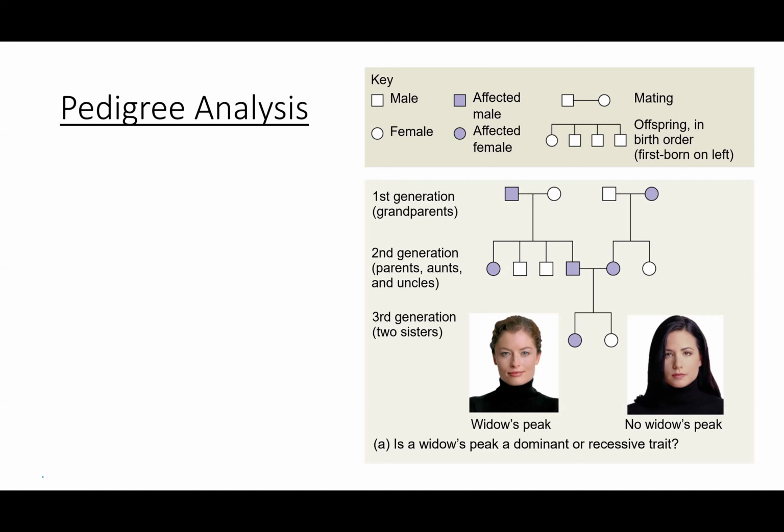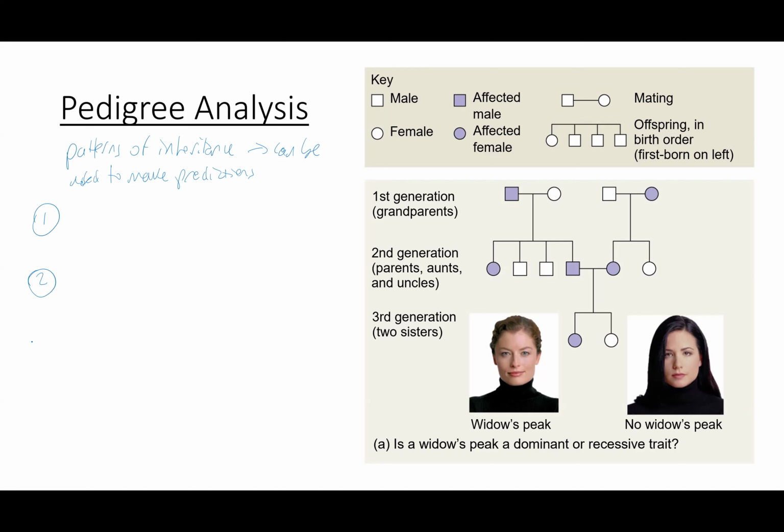This is Mendelian human traits. This is going to show patterns of inheritance in a family, and it can be used to make predictions, like, are you going to pass this on to your offspring? So you're practicing this in lab as well, and we're going to do a couple together.